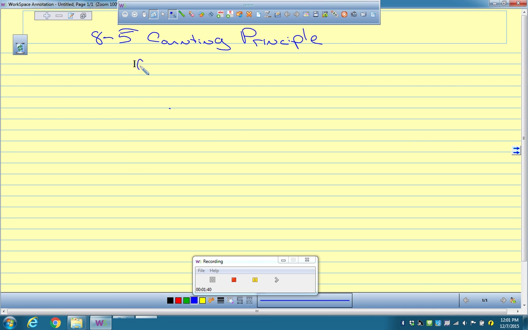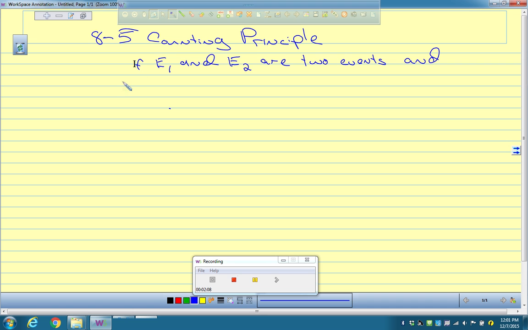It says if E sub 1, E sub 2 are two events, and E sub 1 can occur in M sub 1 ways, okay?